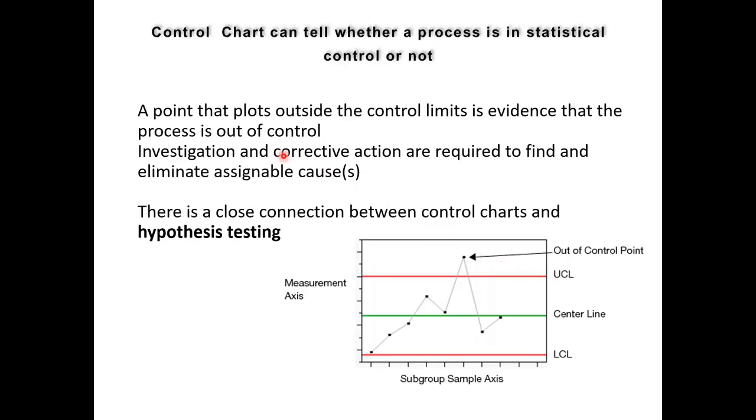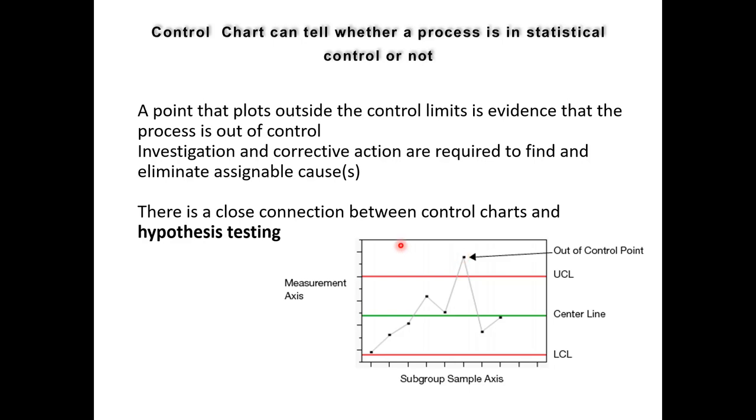Now, if there's any case whereby a point plots outside or beyond the two limits, this is evidence that the process is out of control. This is an example where you will see this particular point lies above the upper control limit.